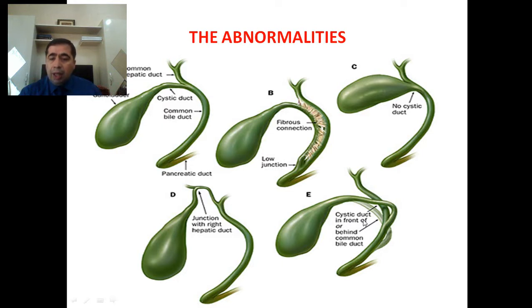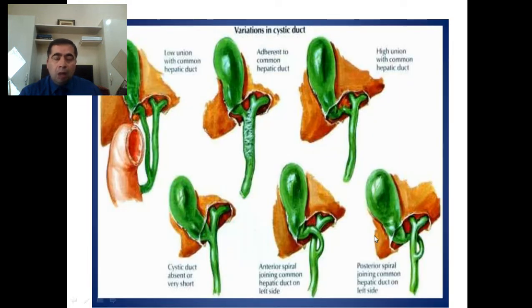The cystic duct may lie in front of or behind the common bile duct. There are also variations of the cystic duct's connection with the liver. You are looking at a very long cystic duct and common hepatic duct and a very short common bile duct, with a fibrous junction between them. With a high union with the common hepatic duct, the common hepatic duct and cystic duct are very short and the common bile duct is very long.